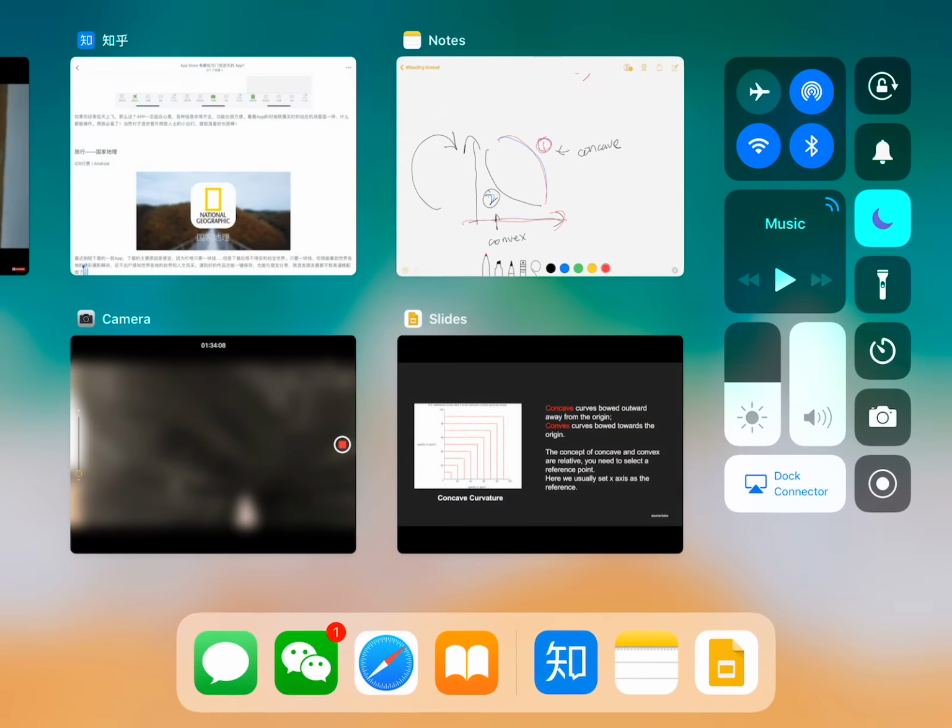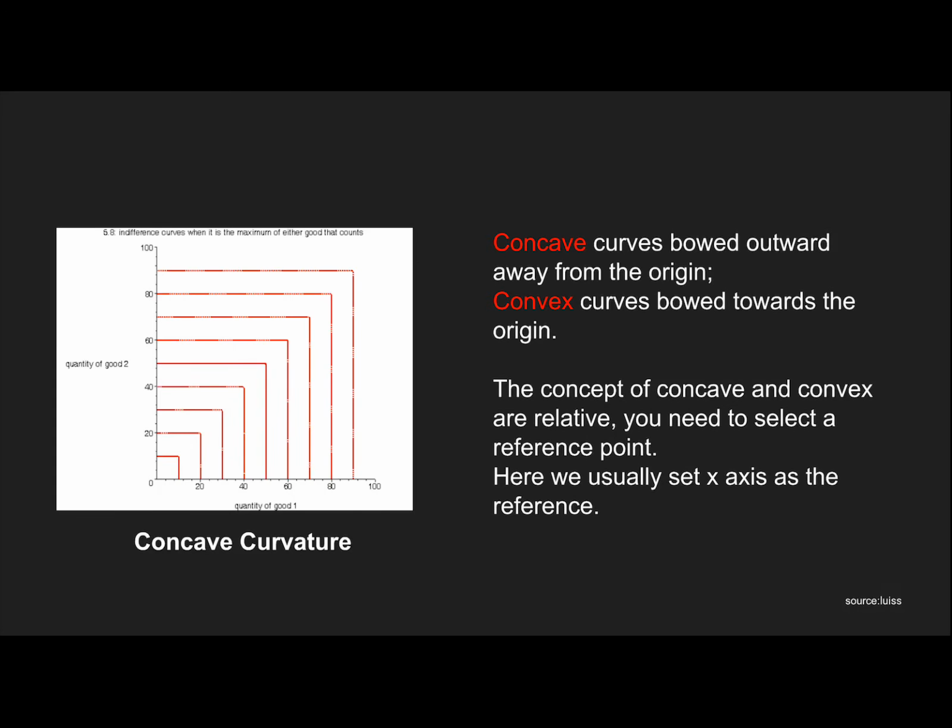Okay. But usually when we talk about concave lines, we set the x-axis as a reference. That's accepted by all the scholars and all the economists. So this is concave curvature.